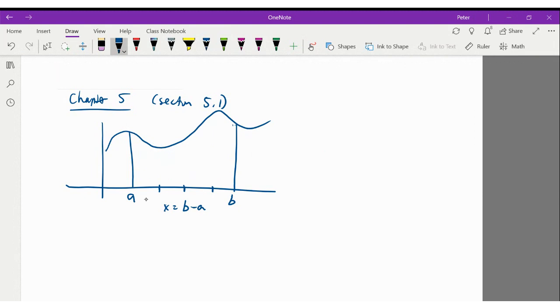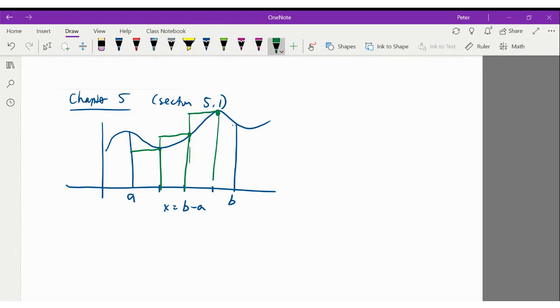And let's say that I'm going to draw rectangles, in a different color, at the end of every one of these subintervals.